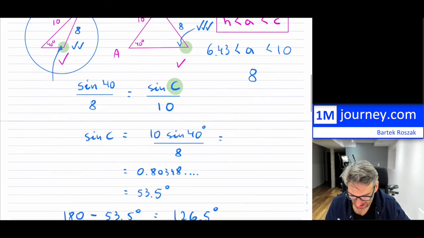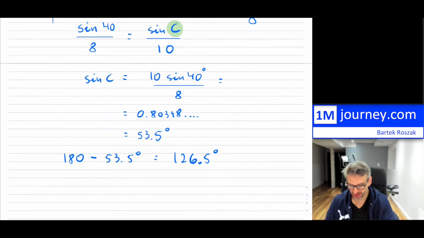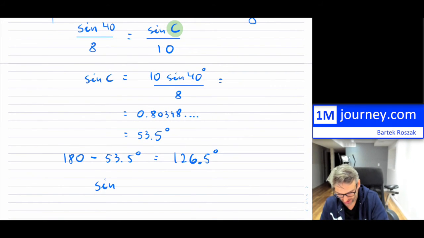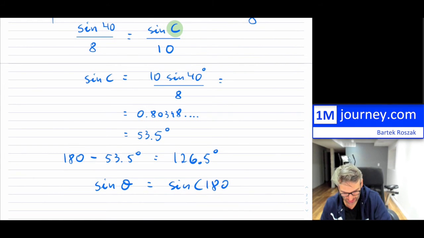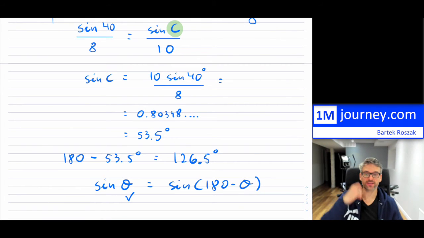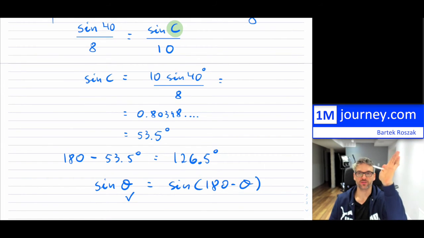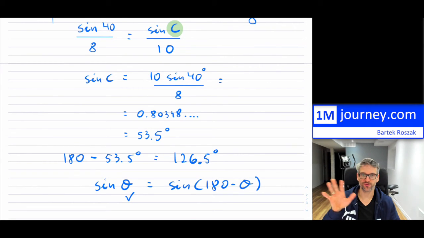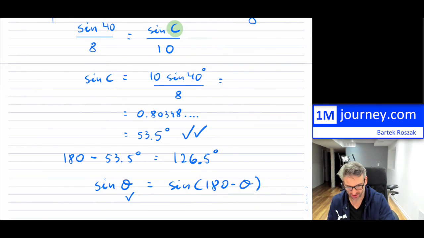They have exactly the same sine value because, again, remember that the sine of an angle is equal to the sine of 180 minus the angle. We had 53.5 degrees, this one right here.